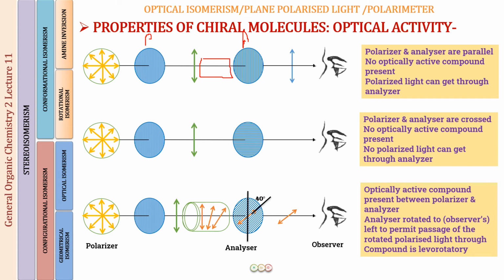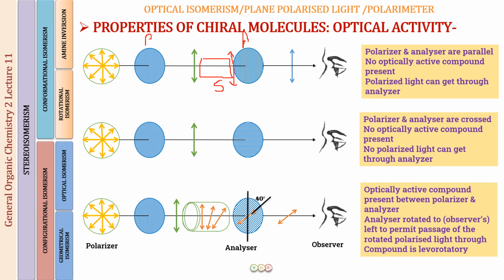Before we place that substance, what do we first of all place? We place the tube only with the solvent. For example, we place it with water, and water is going to be optically inactive. When the light passes through this solvent, because it is optically inactive, the light which comes out is going to be the same plane polarized light.